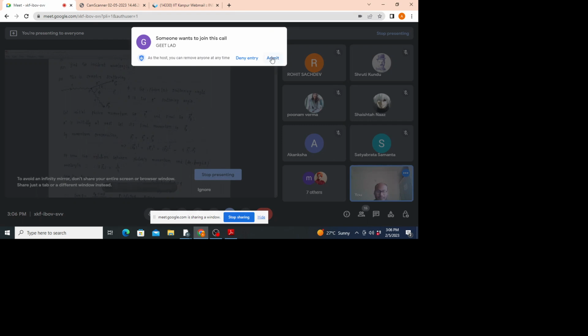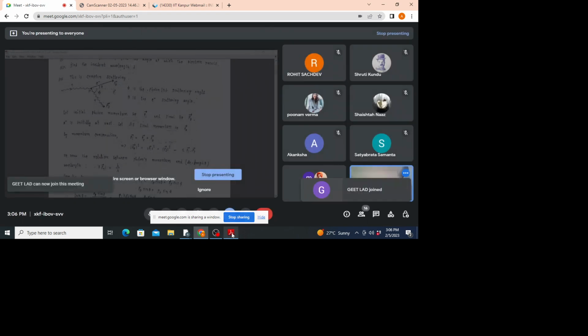I have just taken the vector dot product to arrive at this result. So now we have found a relation between the momenta of the various particles.